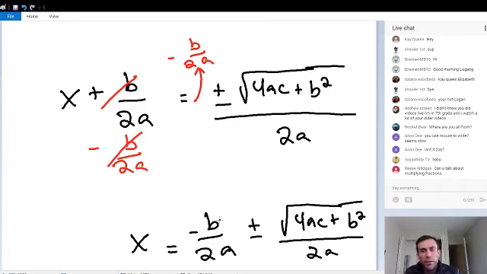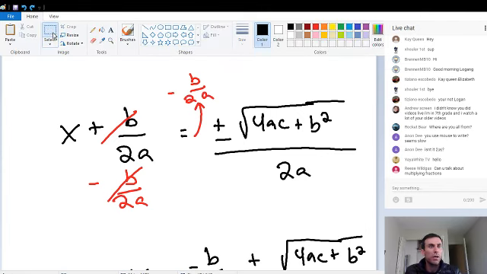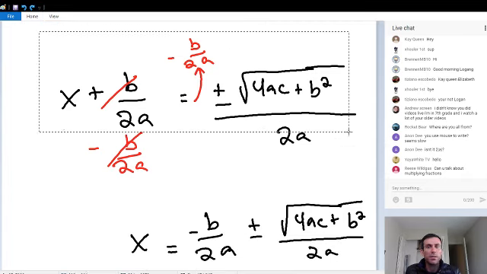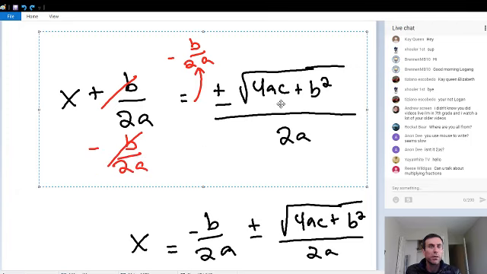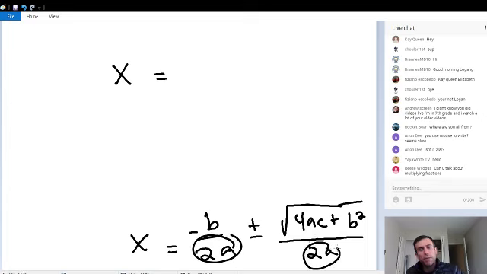Notice how we have a common denominator. We have a 2a and a 2a, so we can actually add these two fractions together. So I'm going to erase our step before this so I can have a little bit more space. On the left-hand side, we have x, and on the right-hand side, we have a common denominator of 2a.